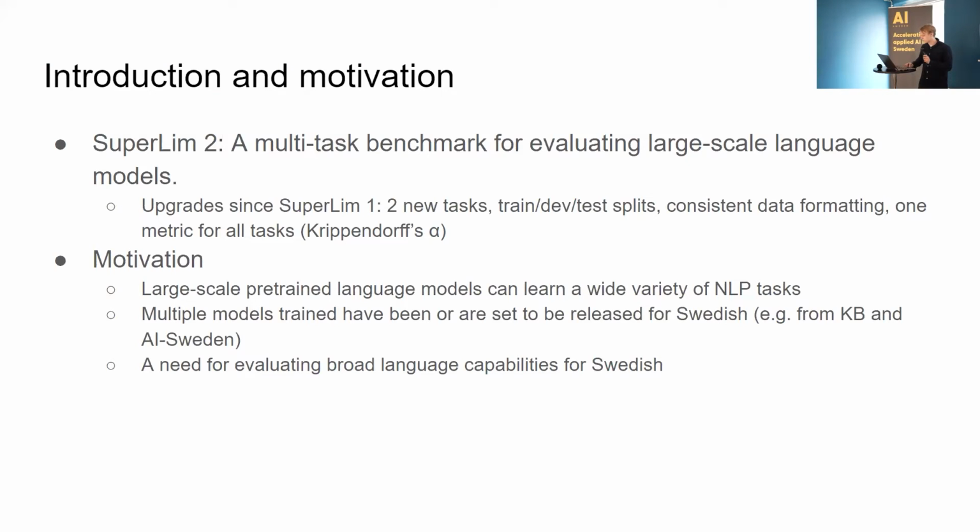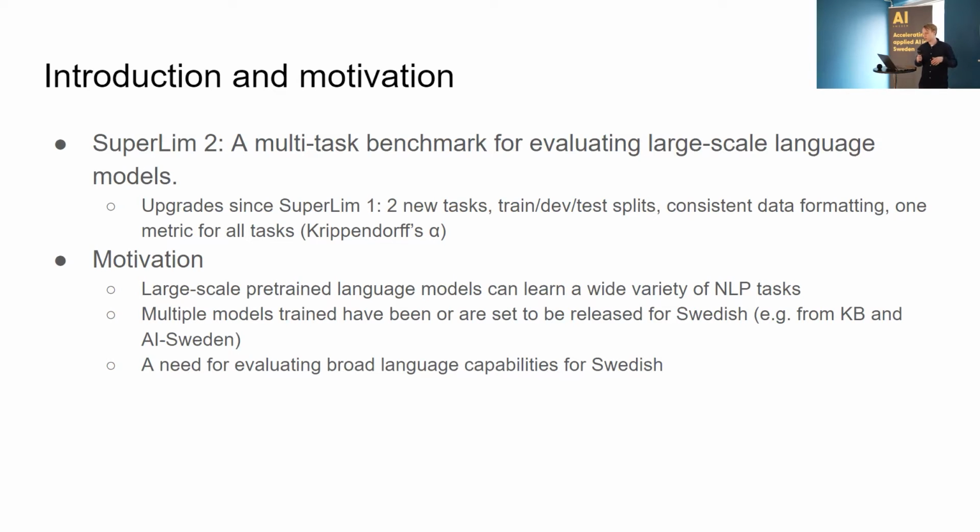SuperLim 1, as we mentioned, is a multitask benchmark for evaluating large-scale language models. And it is, as Magnus mentioned, a second iteration of the SuperLim project, and now we're releasing SuperLim 2. And there have been some upgrades since SuperLim 1. So for one, we have 2 new tasks. We have more proper splits of the different data sets for train, dev, and testing.